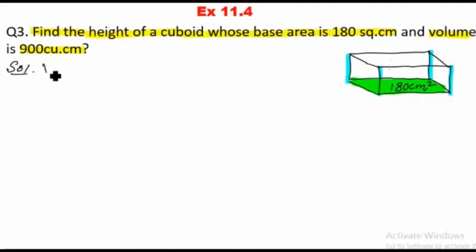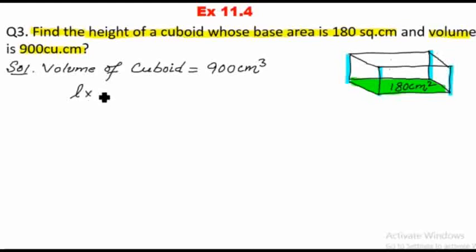So volume of cuboid is given 900 centimeter cube. Now volume of cuboid, we can write length into breadth into height is equal to 900 centimeter cube.